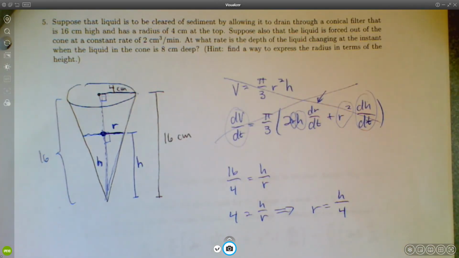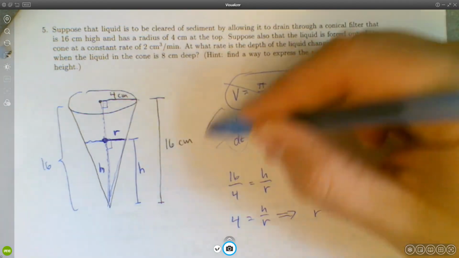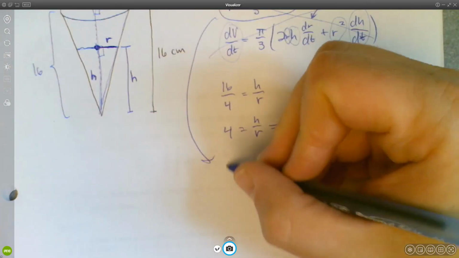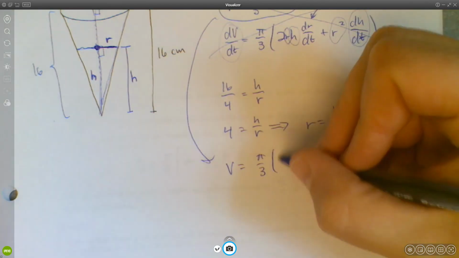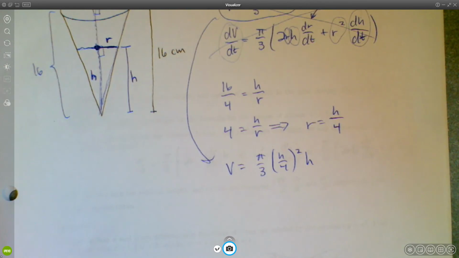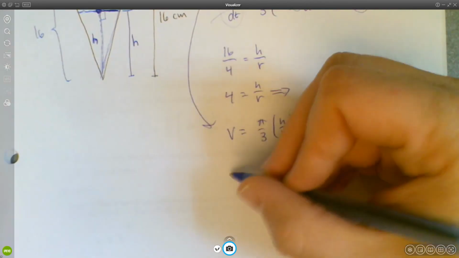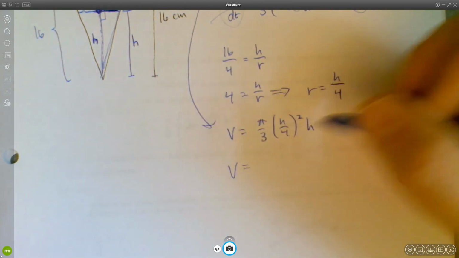So I can replace r with h over 4 now in this formula. So I'm going to bring this down here and say V is pi over 3 times r squared times h. 4 squared is 16. 16 times 3 is 48.